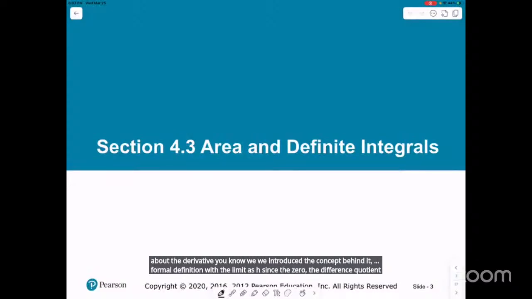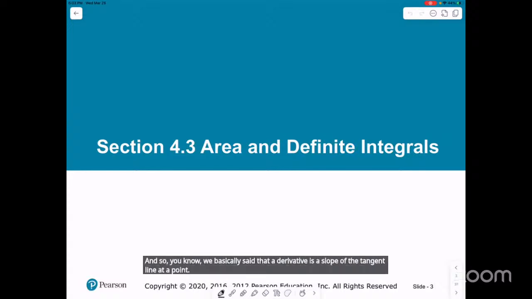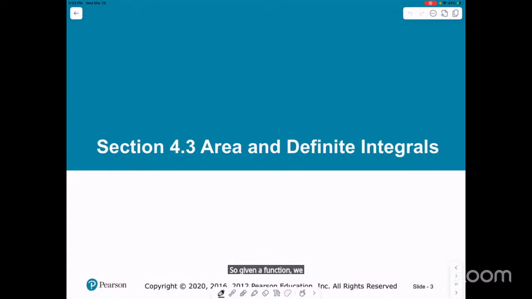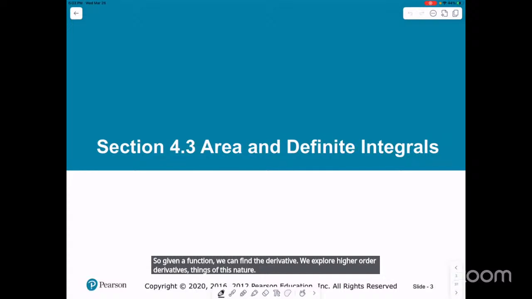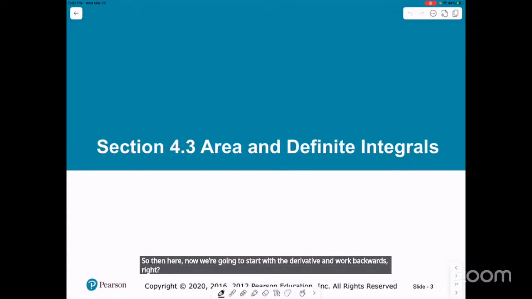Then we explored techniques and applications all about the derivative. We basically said that the derivative is the slope of the tangent line at a point. Given a function, we can find a derivative. We explored higher order derivatives. Now we're going to start with the derivative and work backwards, and we're continuing with that idea.